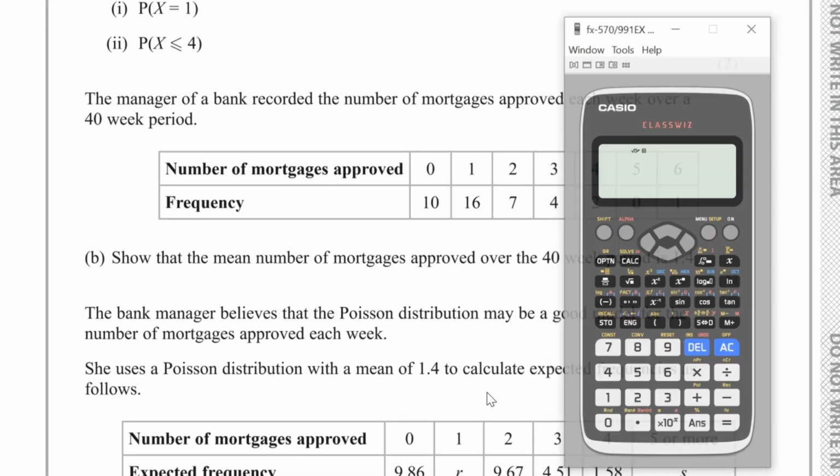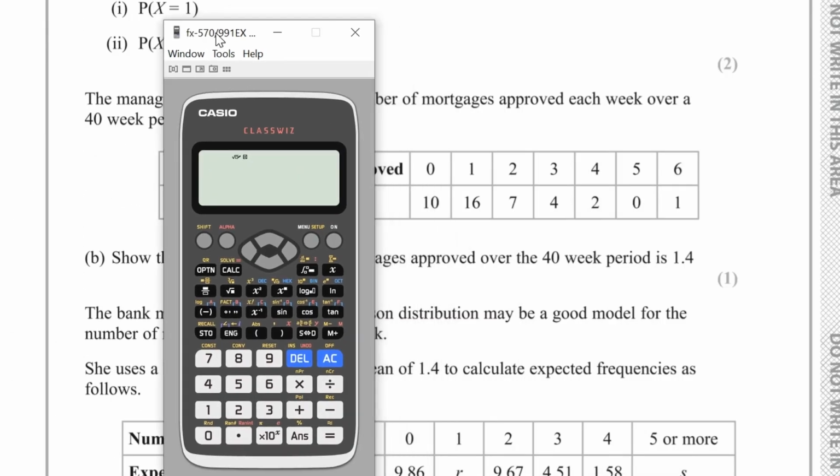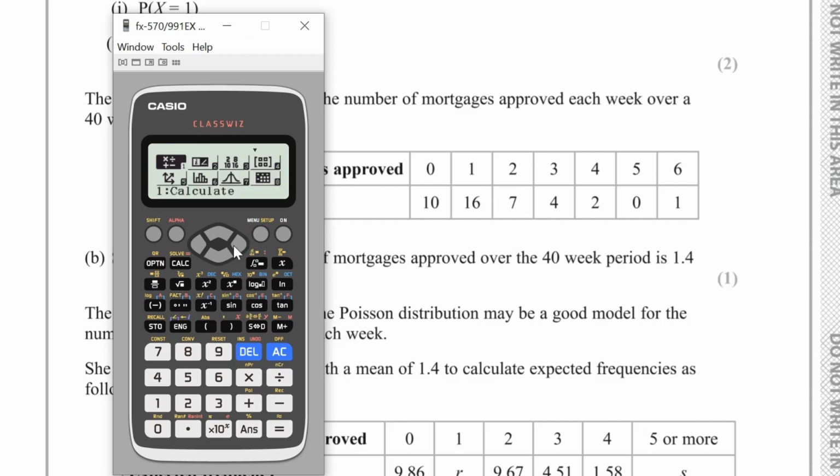And just in case you want to do that on your calculator, all we have to do is go to the statistics menu. We need to turn on the frequency. So frequency on. So we have 0, 1, 2, 3, 4, 5, and 6.